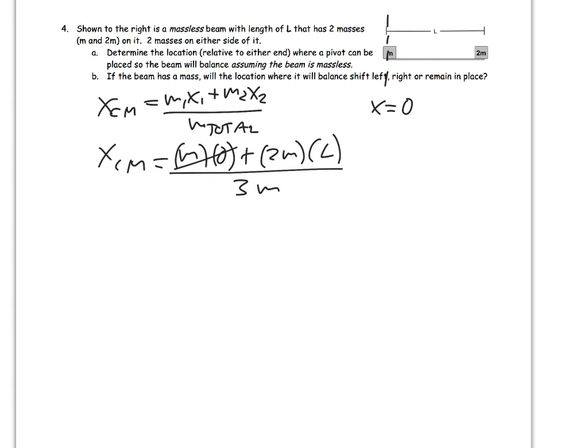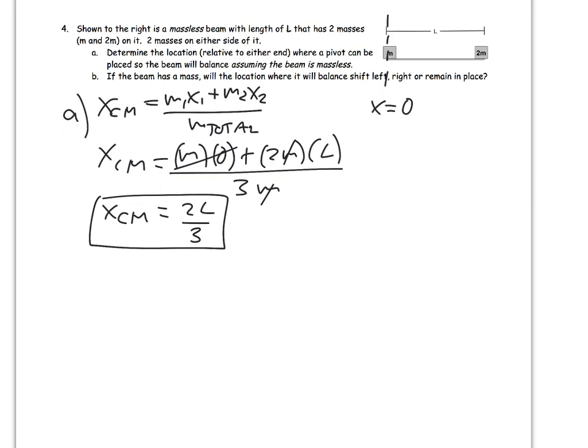That all goes away, and we find that our x center of mass is just going to be 2L over 3, because those L's cancel out. So there's my answer to A.